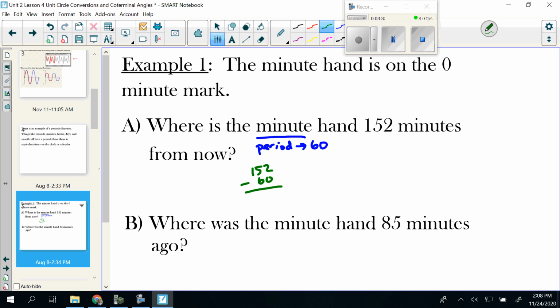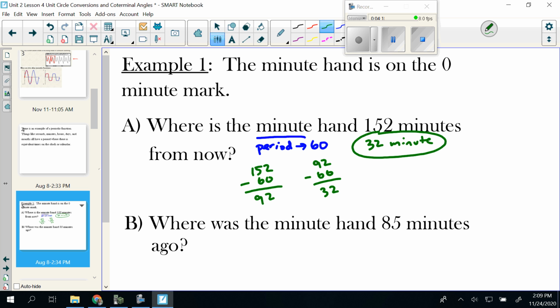That would bring us to 92. We still would not be within one period, so we repeat the process. 92 minus 60 brings us to 32. So after going through 2 full periods, we'd have 32 left over. So we know the minute hand would be on the 32-minute mark. So that's where it would be located.